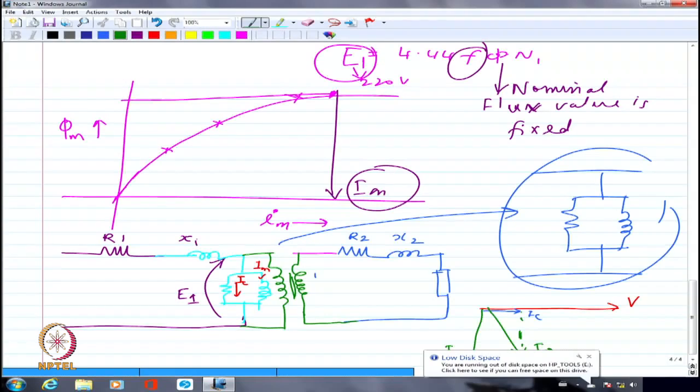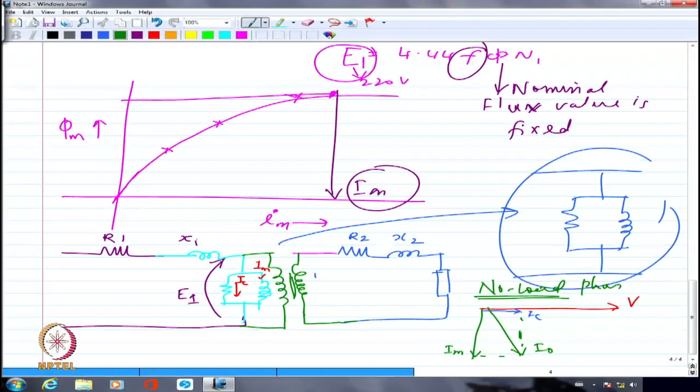This is essentially because the core loss is real. It is happening. You can't negate it, right? So this is the phasor diagram corresponding to the no load condition. This is the no load phasor diagram.